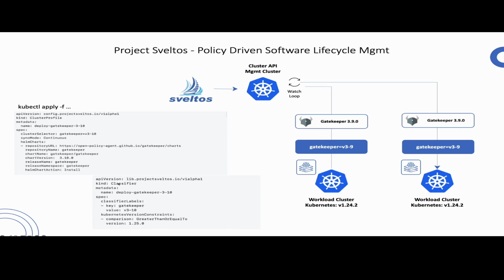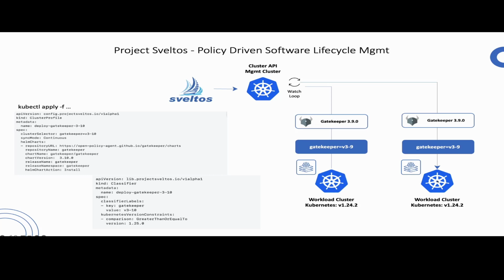I can have a classifier that says if you find any cluster which is running a version of Kubernetes greater than or equal to 1.25.0, the label that the cluster should have is gatekeeper v3.10. And then I pair this classifier instance with the cluster profile instance that says if you find any cluster matching the cluster selector gatekeeper v3.10, then I want Gatekeeper 3.10 to be deployed in such cluster.